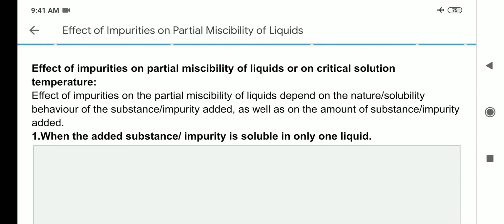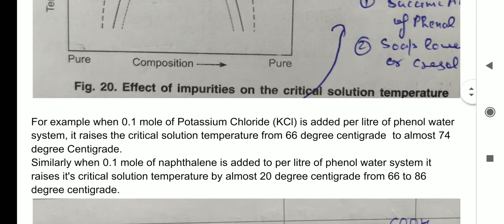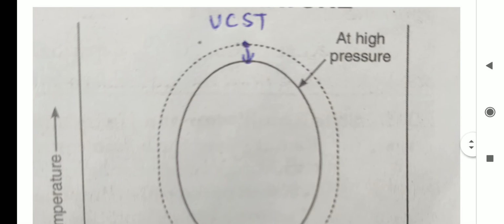In this, the upper dot, blue dot, where I have written UCST, here it represents upper critical solution temperature. Now if I increase the pressure, then you can see that upper critical solution temperature is lowered.